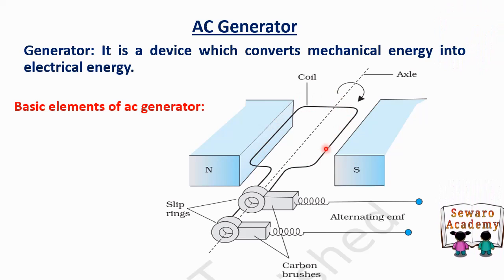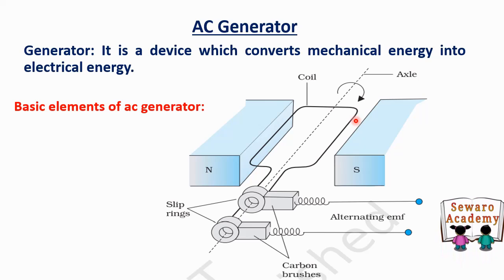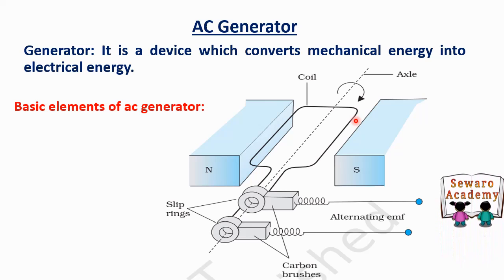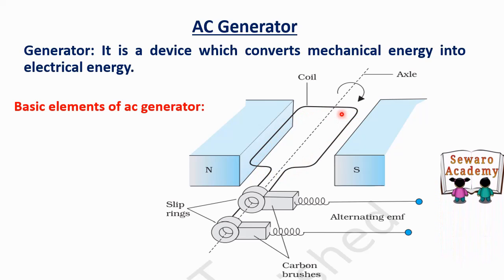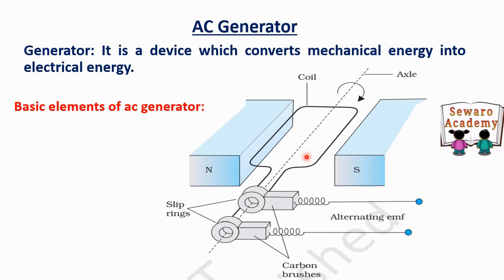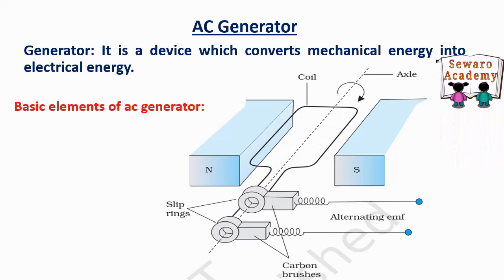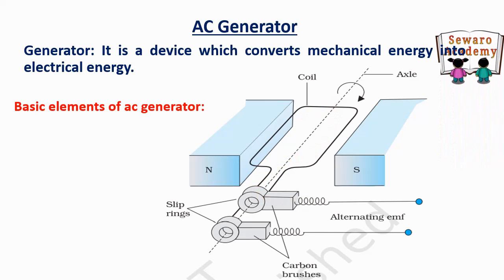As this coil is placed in a uniform magnetic field, and when it gets rotated, during rotation the magnetic flux linked with the coil will change, due to which the current will be induced in the coil, and that current will be given a path, and we get alternating current.